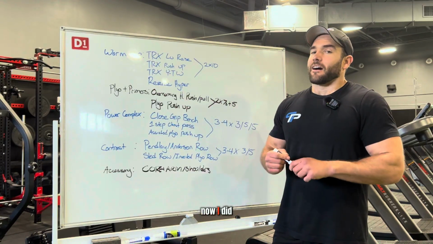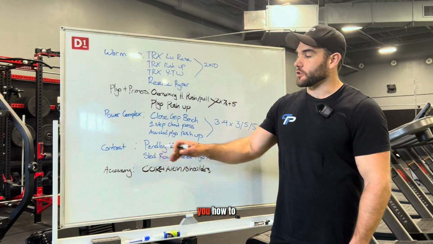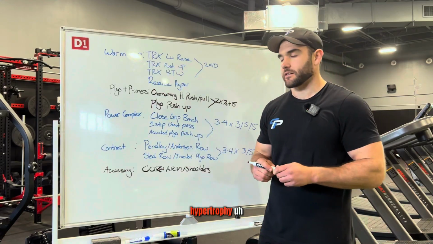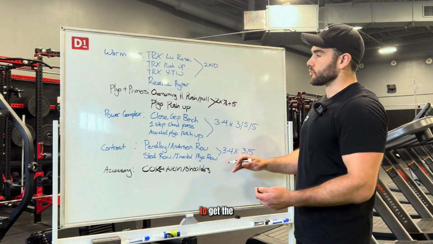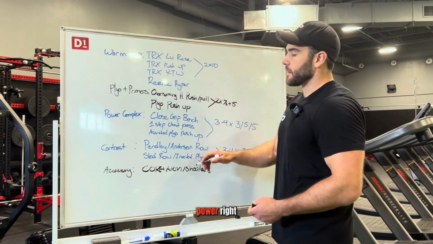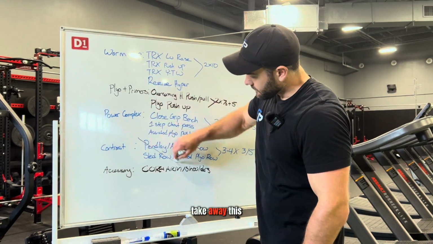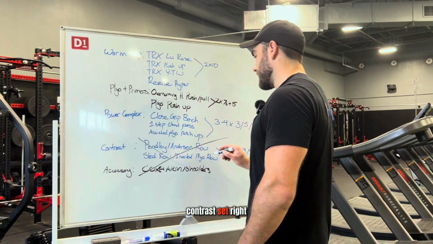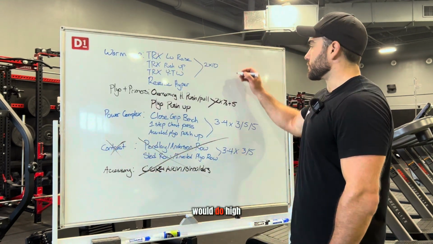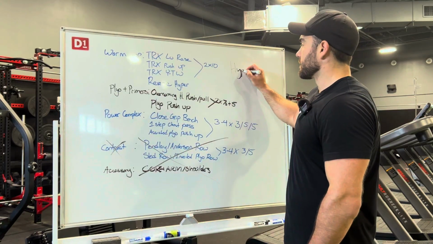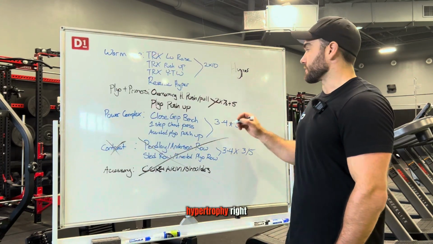Now, I did say that I would show you how to make this more of a hypertrophy type of training. So all you would do if you're trying to get the strength and then the power, right, is you would take away this contrast set right here. You take this away, and instead you would do hypertrophy. I'm just gonna leave it hypertrophy, right?